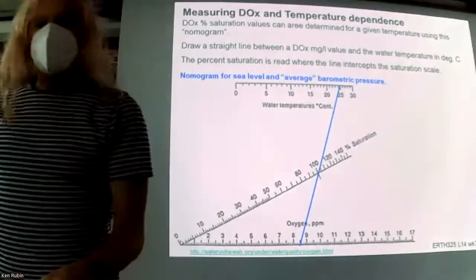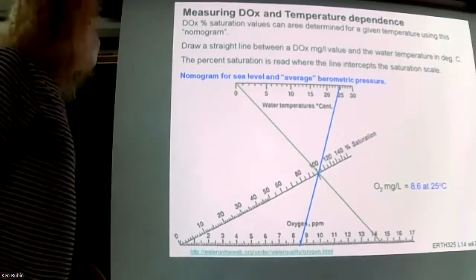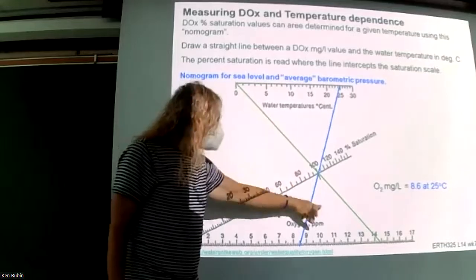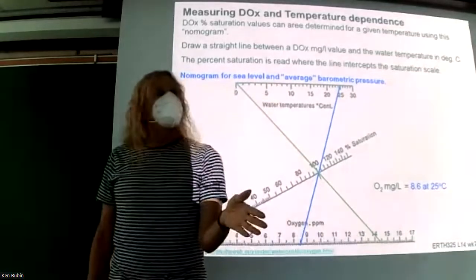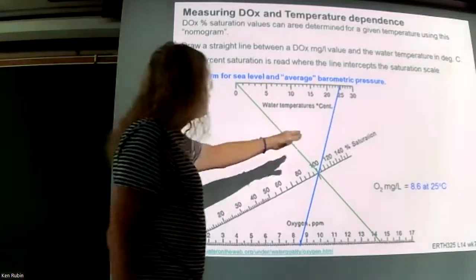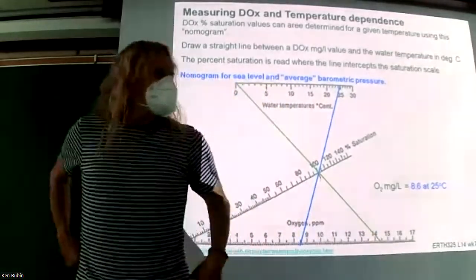And see what happens to the solubility. So this is right at freezing, okay? Now we draw a line through 100, you see, whoa, it's up there like 14.5. So as temperature gets colder, solubility goes up, okay? So there's more oxygen.